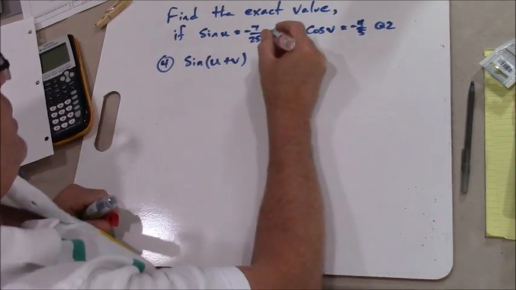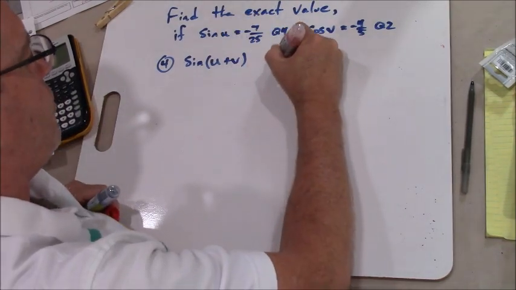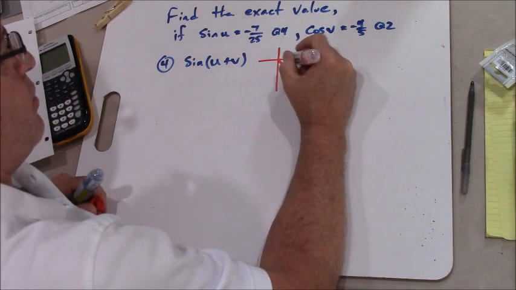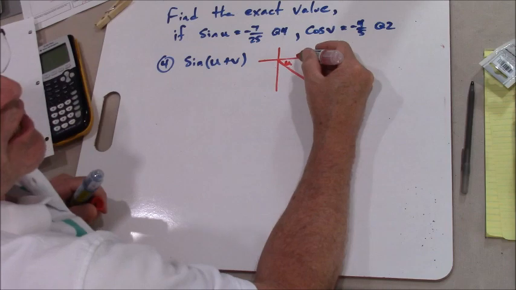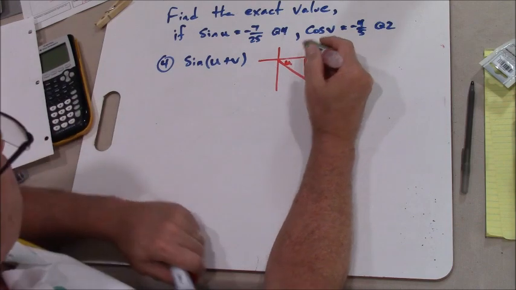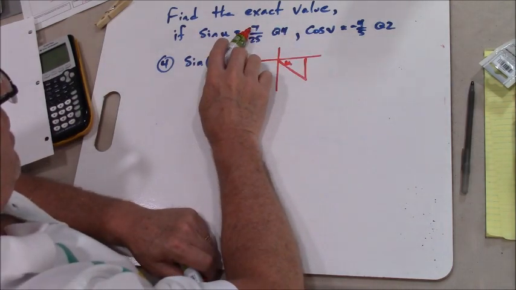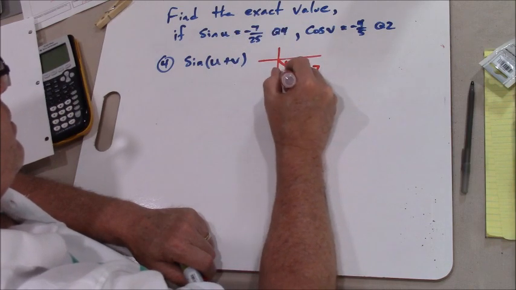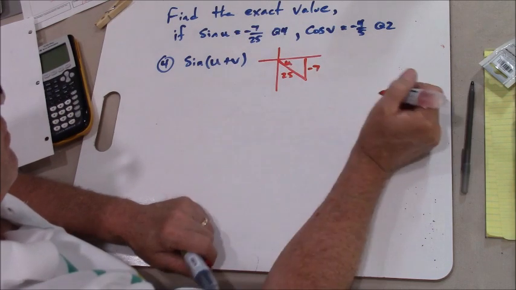So here's angle U in the 4th quadrant. Don't forget our reference angle always has to touch the x-axis. And we know sine is opposite over hypotenuse, so this would be negative 7, this would be 25.